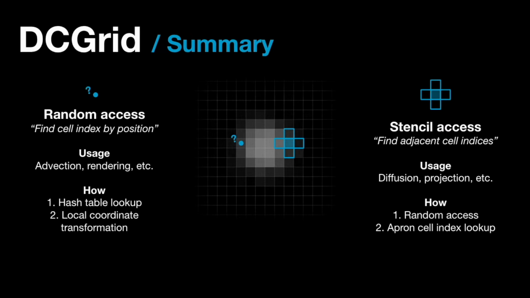Then, we apply a simple linear transformation to get the cell index from the block index. To perform a stencil access, we perform a random access at first to get the location of the center cell. Then we look up the indices of its neighboring cells in the apron cell indices data structure.